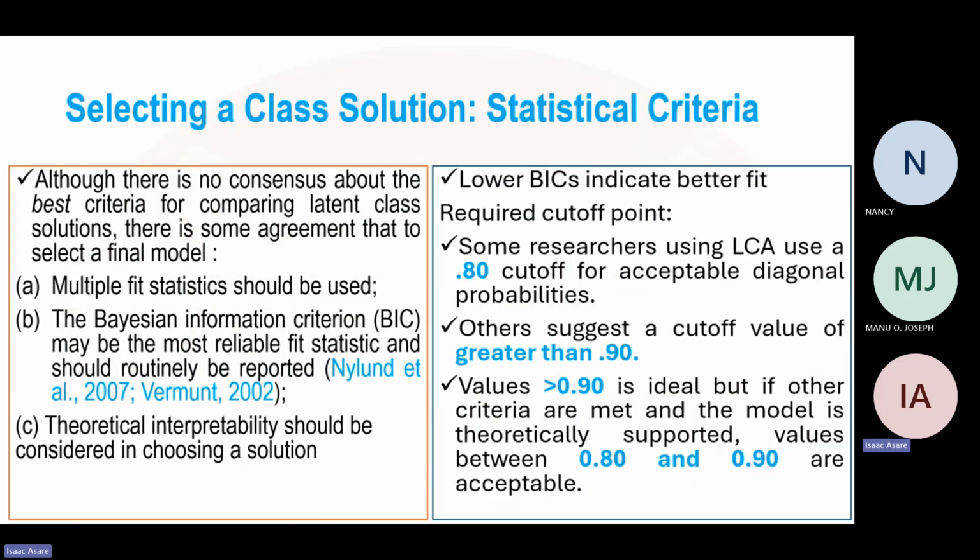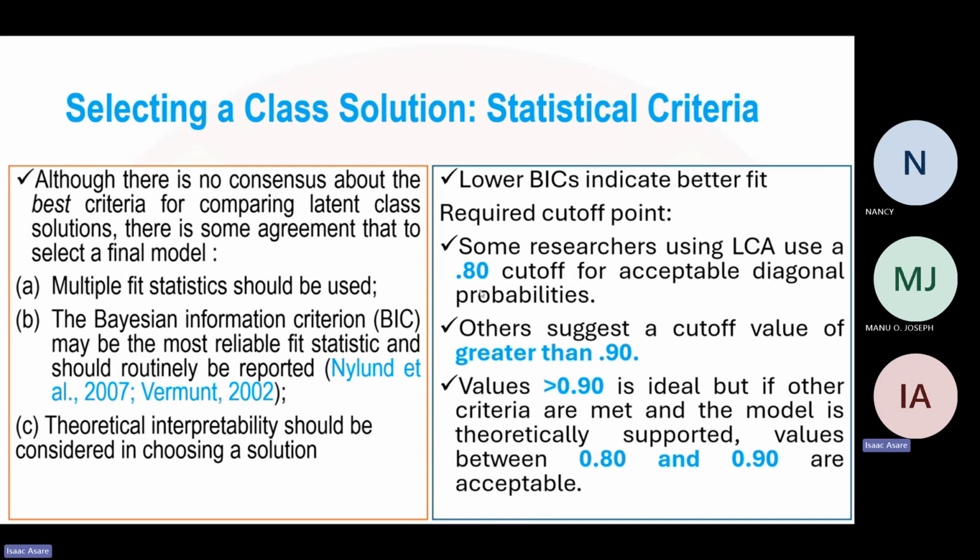Okay, so we looked at some of the fit indices or criteria that you can use to evaluate the model. We said there are several of them, but the commonly used one is the BIC, the Bayesian Information Criterion, which we use to do the selection. But there are more that you can use to evaluate the model.